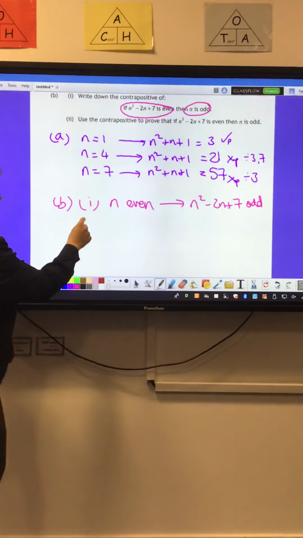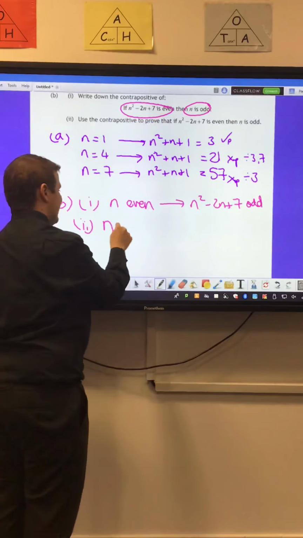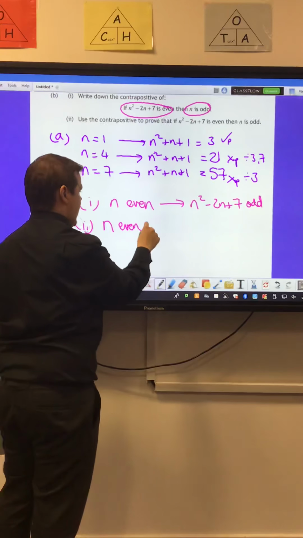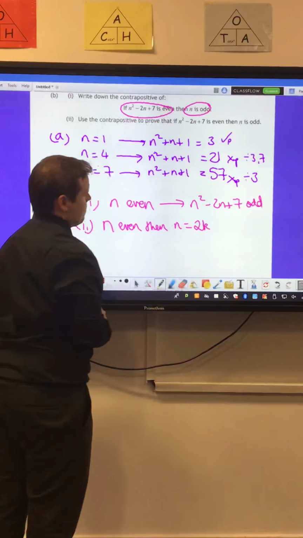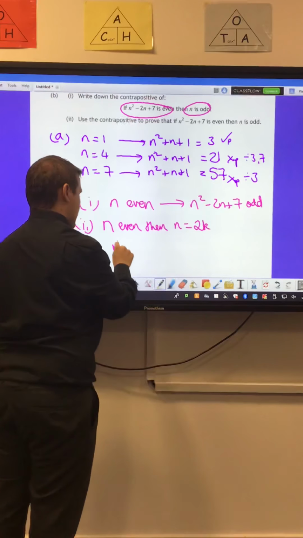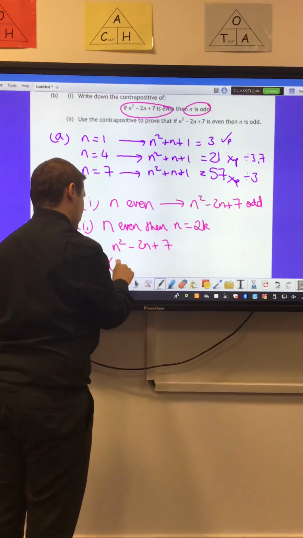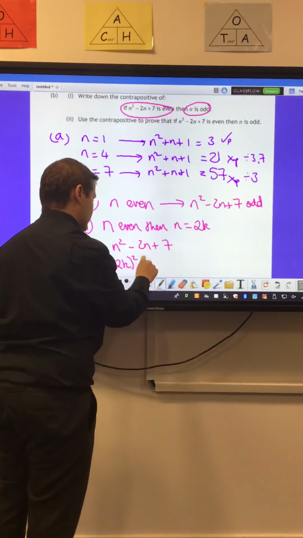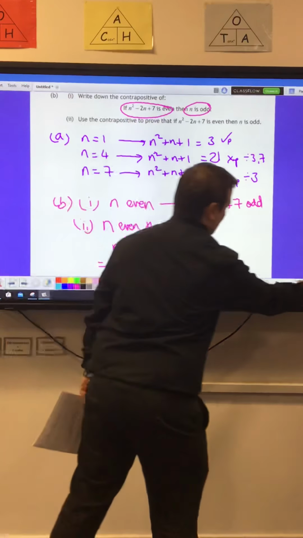Part C, I'm now going to use the contrapositive to prove that this statement holds. Okay, if n is even, then n equals 2k. That then means that n squared minus 2n plus 7 equals 2k squared minus 2k plus 7. We want to show that this is odd.